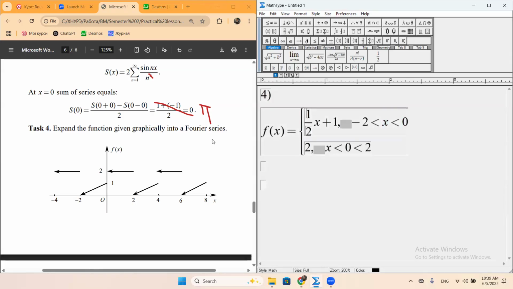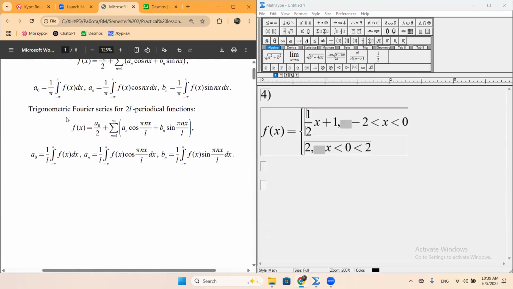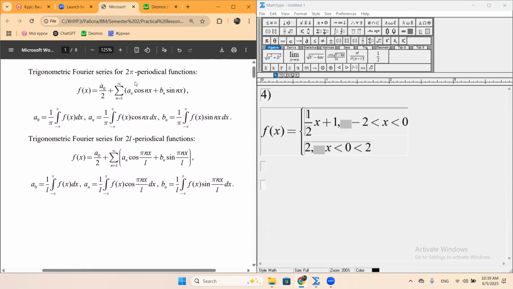And now let's look at these formulas for the trigonometric Fourier series for 2L periodical functions. It is similar to p periodical functions. Here we substitute L instead of p, and we receive such simple expressions.